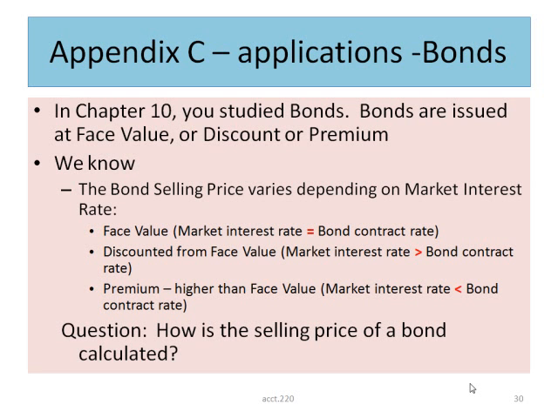But the market is fluctuating all the time. And so if the market and the bond rate are exactly the same, then the bonds will be sold at face value. Realistically, the market is fluctuating all the time. So if the market rate goes up, let's say the bond is selling at 8% and the market goes to 10%, well, everyone's going to want to buy the other bonds that are being traded. They're not going to buy the company's bonds.